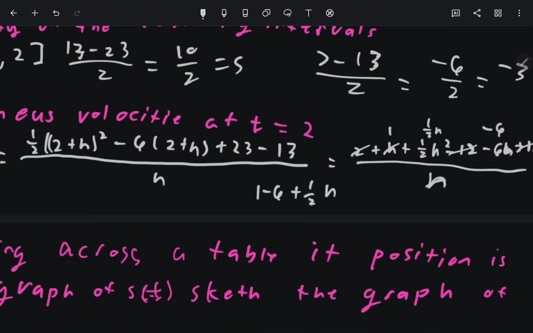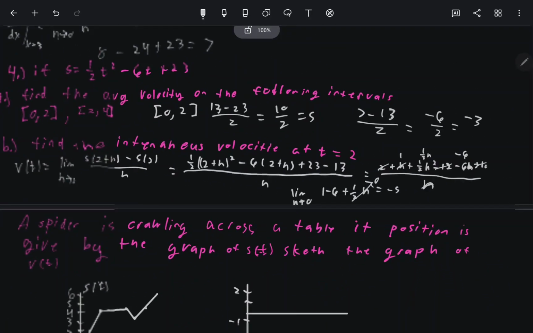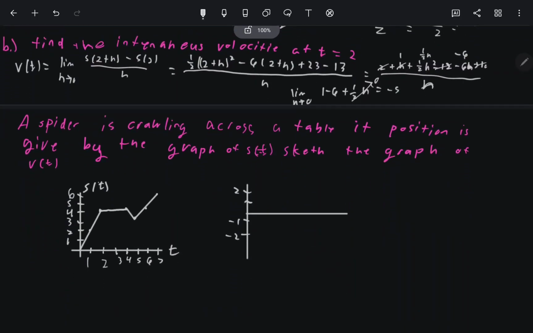We want to take the limit as h approaches 0, which is going to be equal to negative 5, as this is going to go to 0. And that is just negative 5. This last task is kind of easy, so I'm glad. I'm very tired.